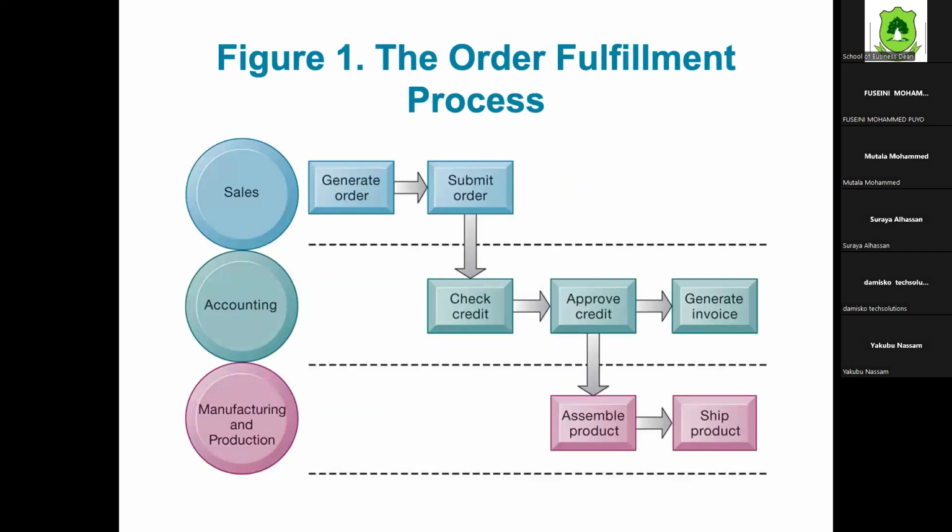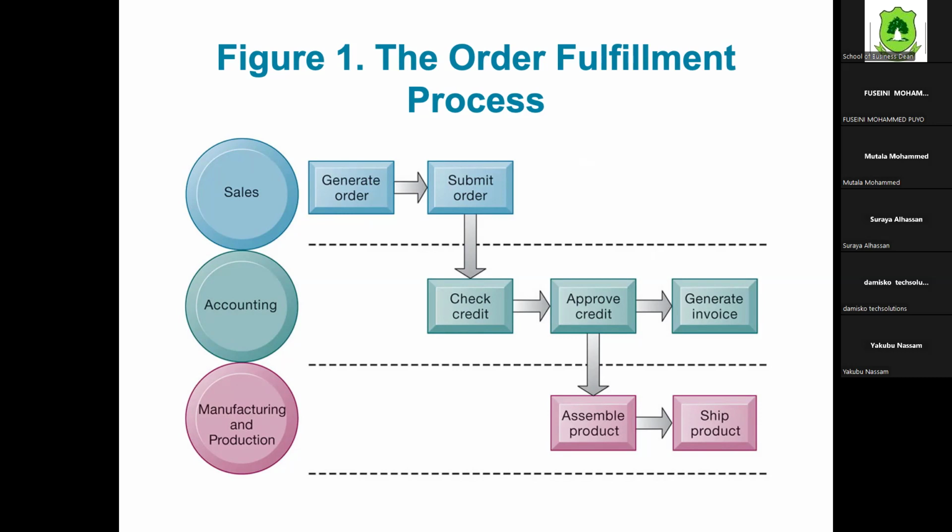Now let's look at this. The order fulfillment process. This process is a typical example of selling something to somebody, a business selling a product. Now, the sale of the product, if you look at it, cuts across how many functions? Three. The sales function, accounting, and manufacturing.